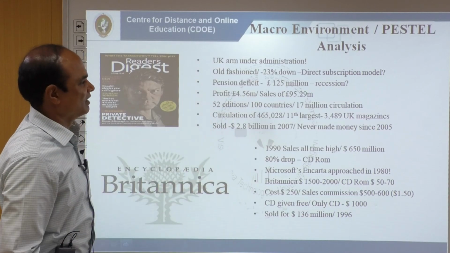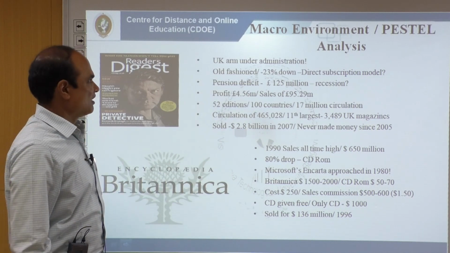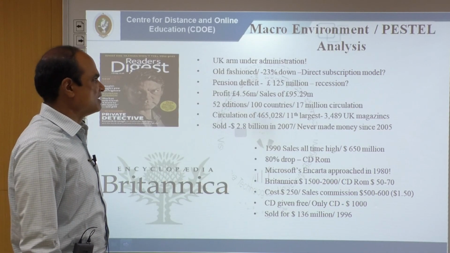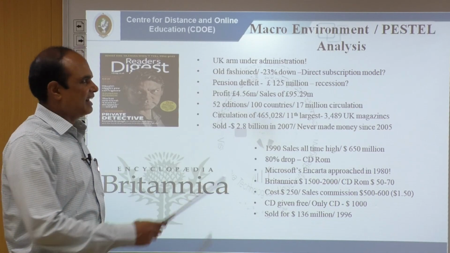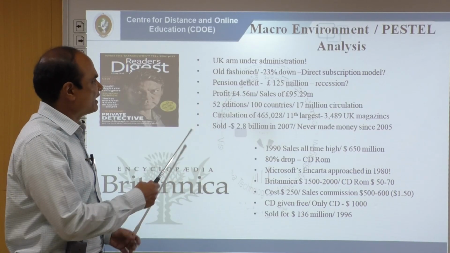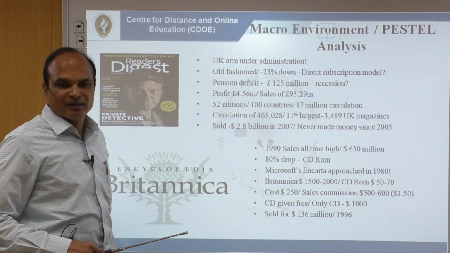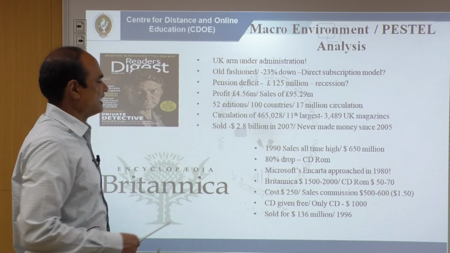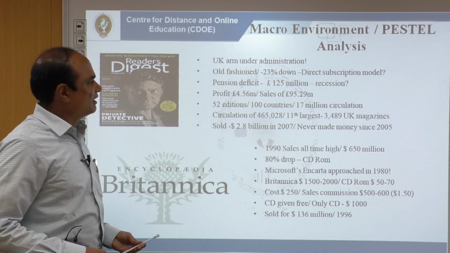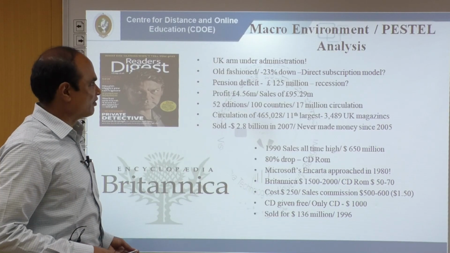Earlier they had a direct subscription model, but after the onset of the internet and various competitive forces, their direct subscription model stopped working. Because of the plummeting sales, it had a pension deficit of 125 million pounds. The recession was also one of the factors.